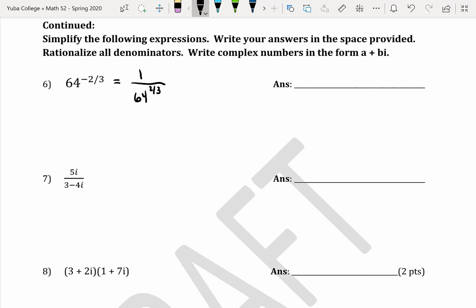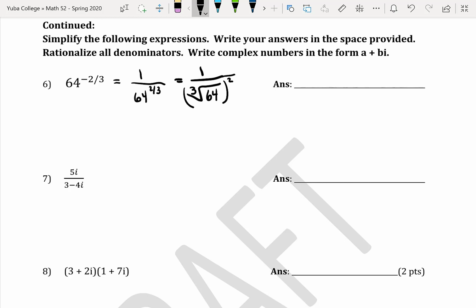It's easier for me, I think, to pull it out because I can see what I can cube to get 64. Well, if I had squared 64 and then had to take the cube root, it would be a bigger number and harder to see. And so here we have 1 all over the cube root of 64, which is 4, and then we have this square out here. So we have 1 over 4 squared, which is 1 over 16.